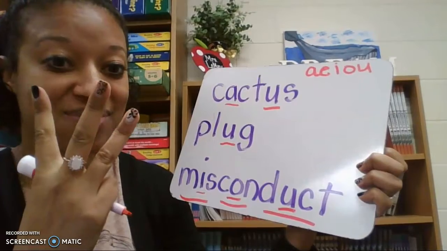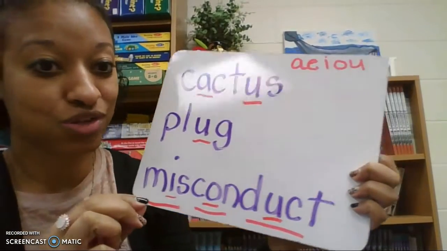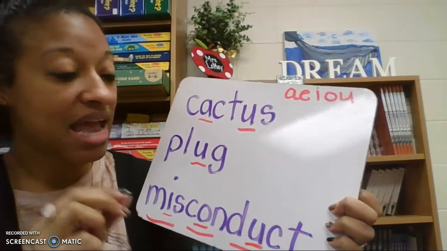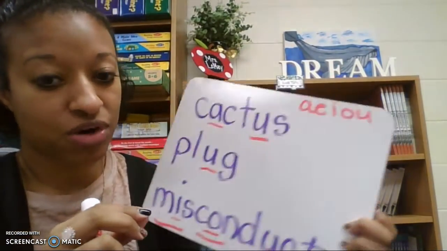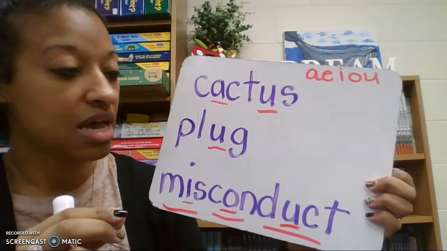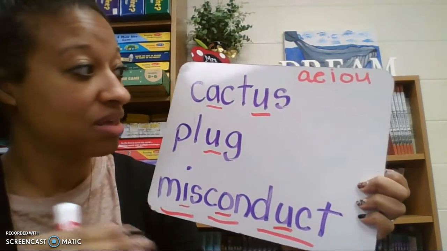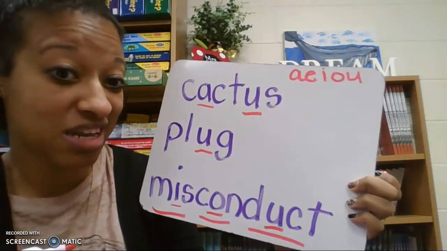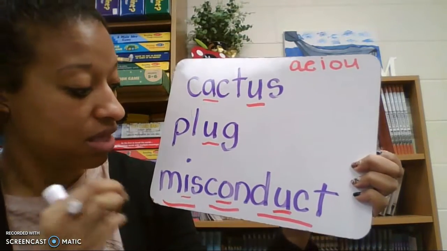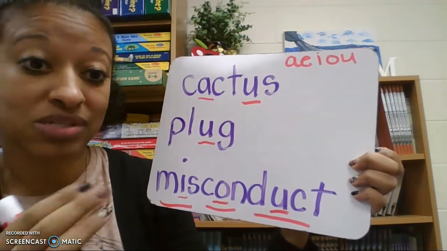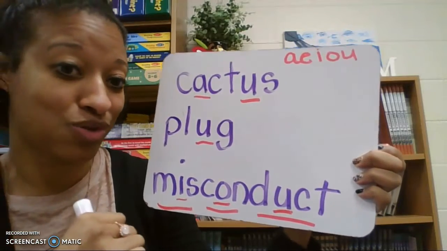Misconduct. 3. Okay, so there's a little trick for you. Now, it will get a little harder in some of our other skills, but I'll talk about those when we have vowel teams and things like that. But for right now, it's pretty straightforward. Depending on how many vowel sounds you have, that's how many syllables you have.